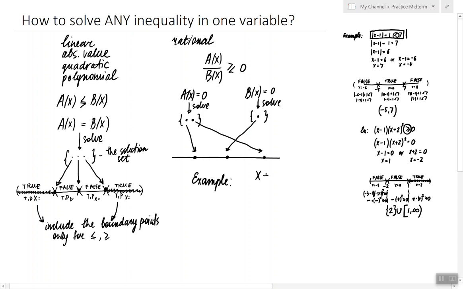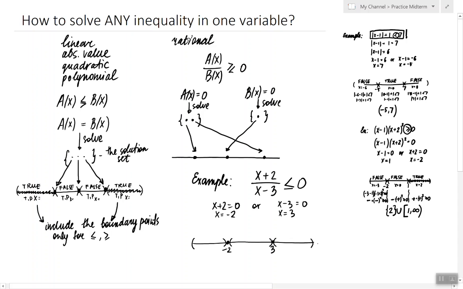If we take this rational inequality and we solve it using this method, then we have to solve x plus 2 equals 0, x minus 3 equals 0, and we get x equals negative 2, x equals 3, and we have to put it on the number line. So we have 2 points that divide the entire number line into 3 subintervals.